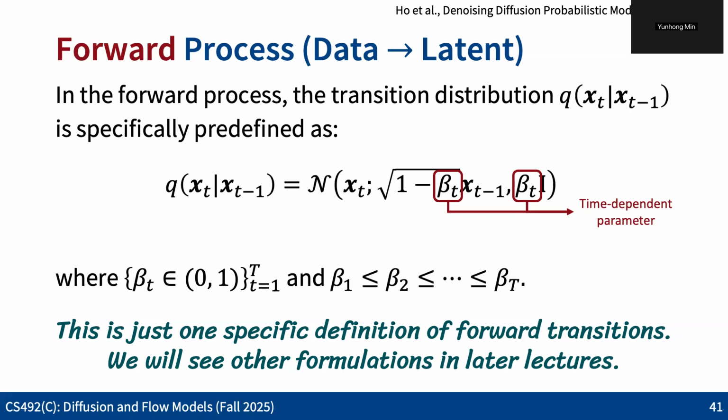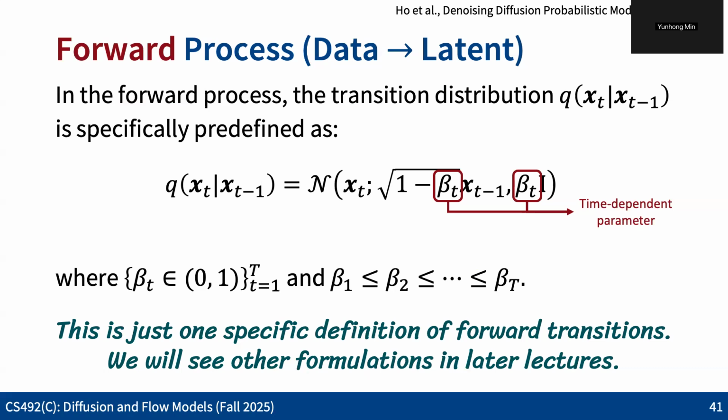So you can say that over time it's some kind of iterative process. And then over time, we are going to set some parameters beta t here. And based on beta t, we are defining some kind of Gaussian distribution like this. So still, we are making everything Gaussian, right?